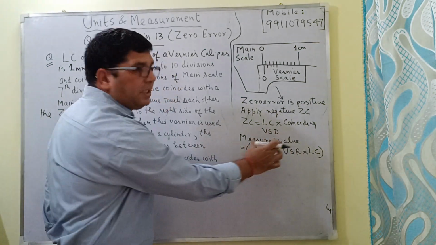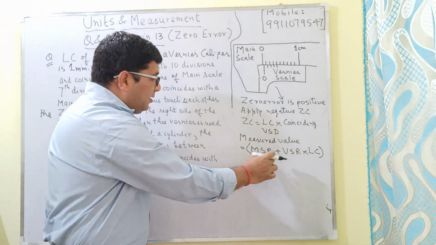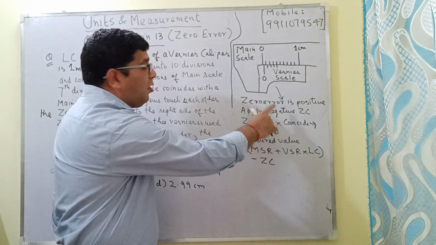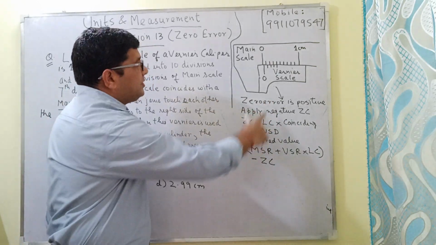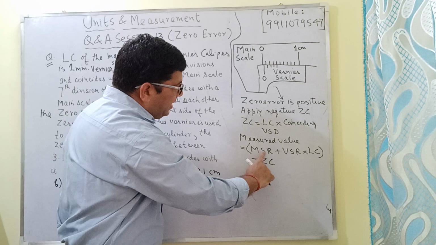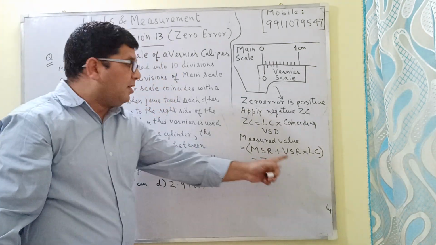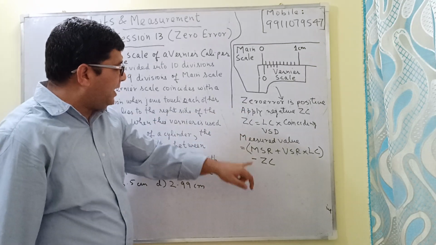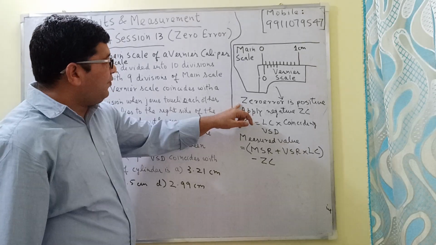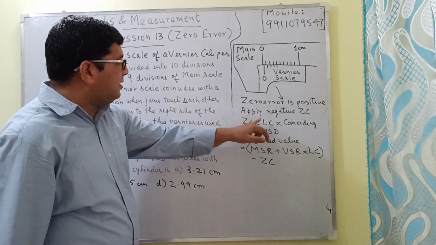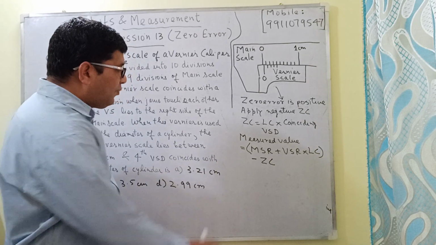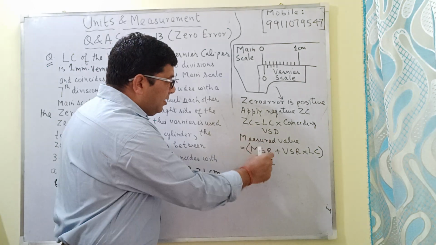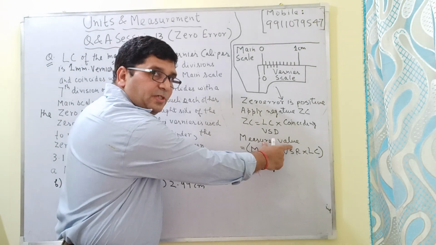This is the measured value of any dimension with the help of a vernier caliper. But if there is a zero error, then we apply the zero correction. In the case of a positive zero error, negative zero correction is applied. That is, we subtract the value of the zero correction from the measured value.